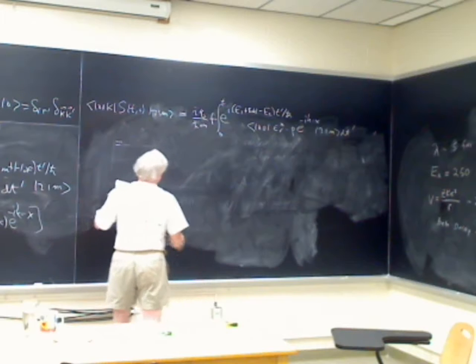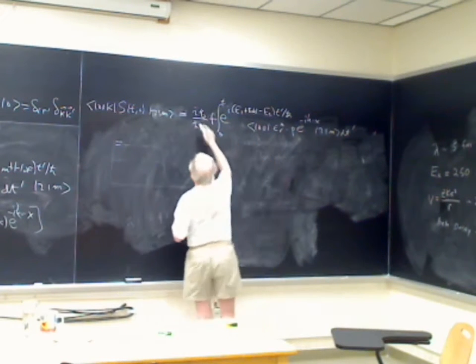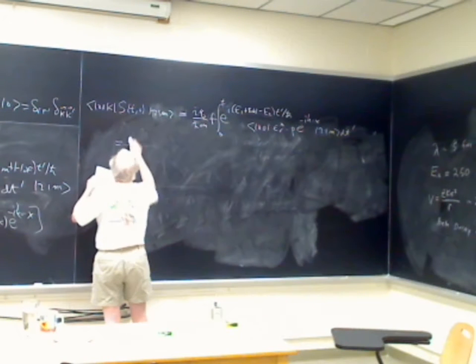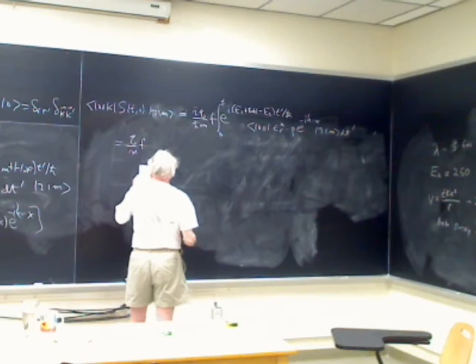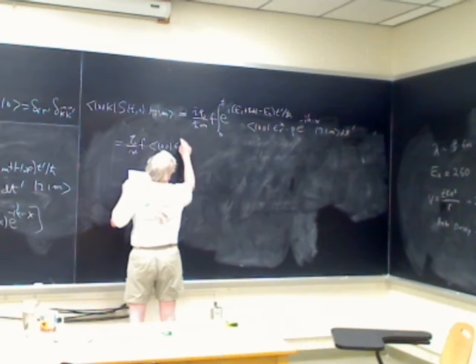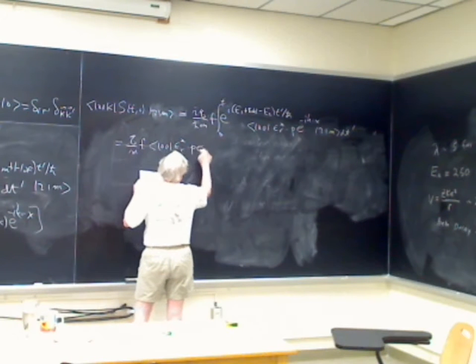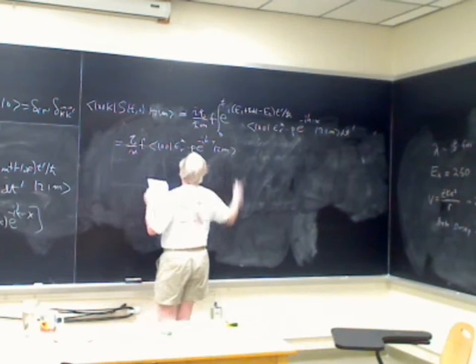And so when we do the integral, you get an i over h bar in the denominator, which cancels this i over h bar. So this thing is q over m times this factor f, then the matrix element 1, 0, 0, er star dot p e to the minus i k dot x, 2, 1, m.